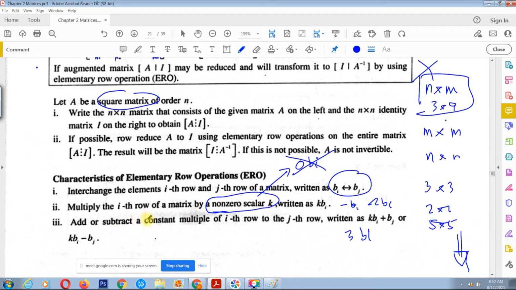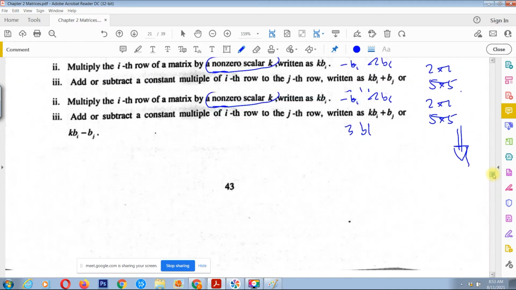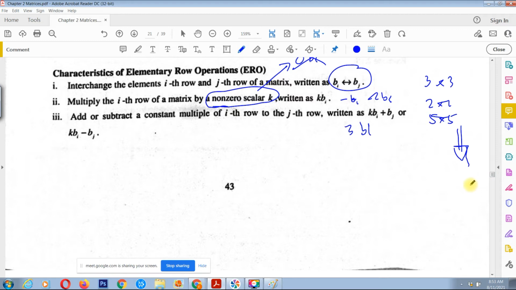Third, add or subtract a constant multiple of the ith row to the jth row, written as k bi plus bj or k bi minus bj. What is the meaning of this? Add or subtract a constant multiple of the ith row to the jth row.